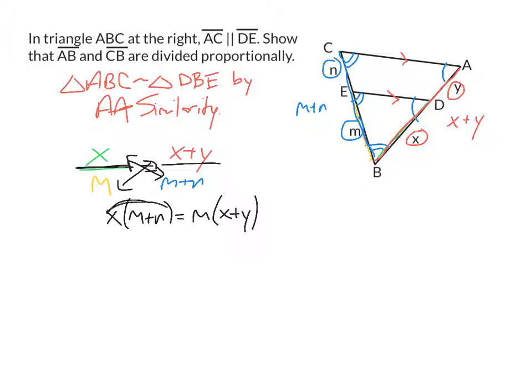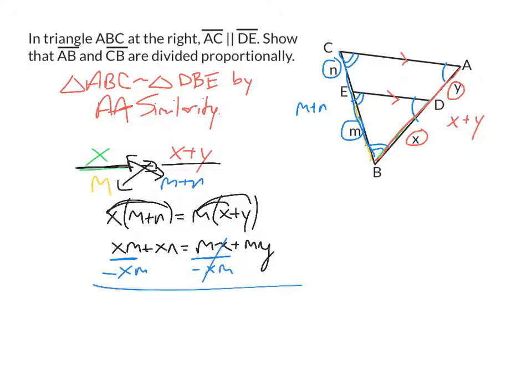So I'll take x times both parts, x times m plus x times n, equals m times both parts, m times x plus m times y. And what we have here, xm and mx, since multiplication is commutative, it can happen in any order, they're the same thing. So if I subtract xm on both sides, these cancel themselves out. And so we know that xn is the same as my.